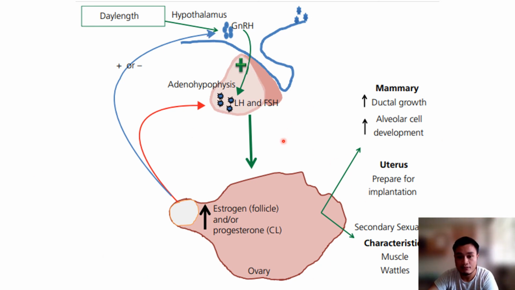Primarily FSH for follicular development in the ovary, and LH to convert the ovulated follicle into the corpus luteum, which secretes your progesterone, and estrogen along the way to enable such effects as previously discussed.